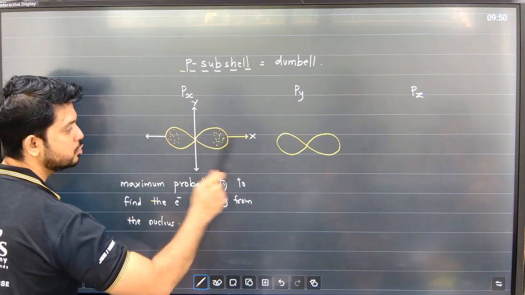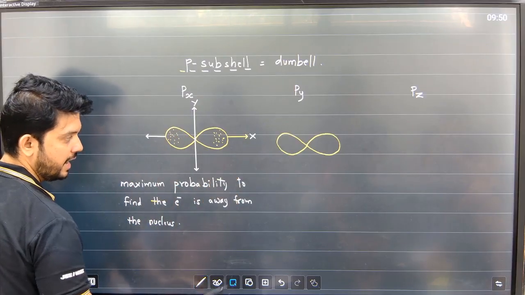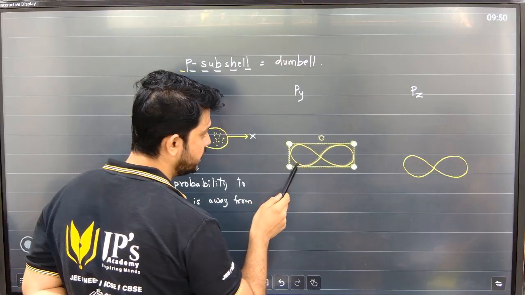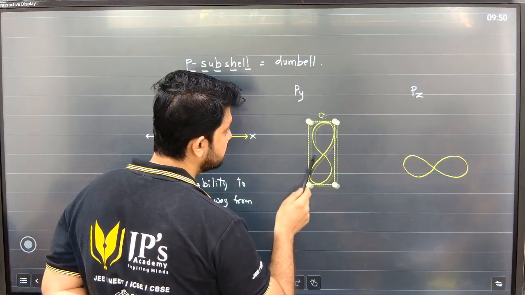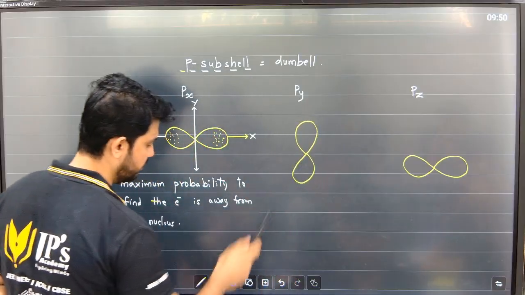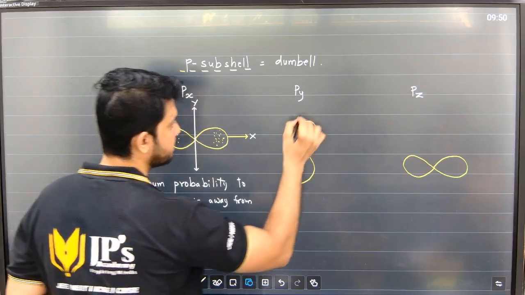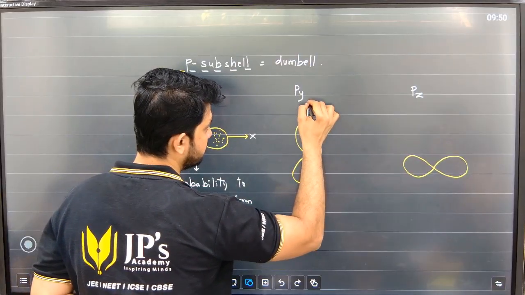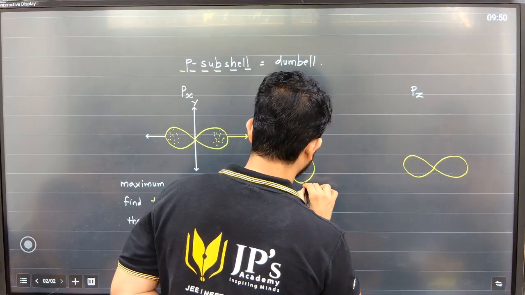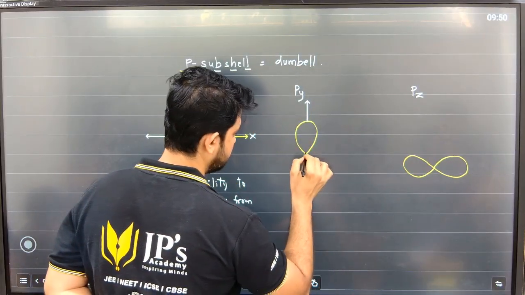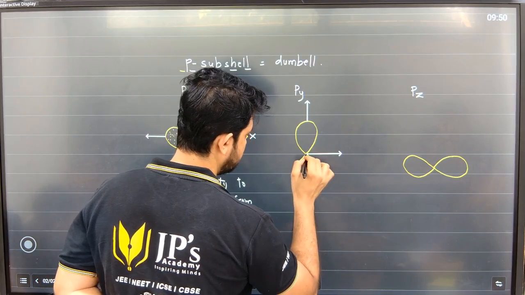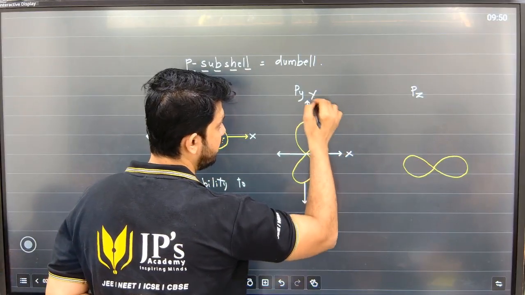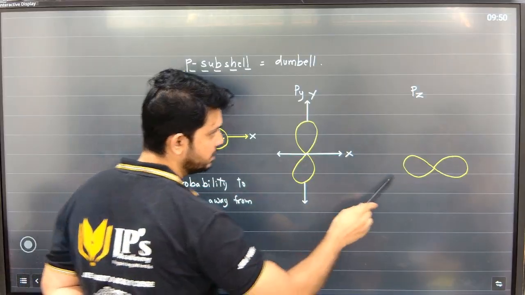Px is called so because this is oriented along the x-axis. Py is called so because this is oriented along the z-axis. Sorry, y-axis. And this will be called Pz because this is oriented along the z-axis.